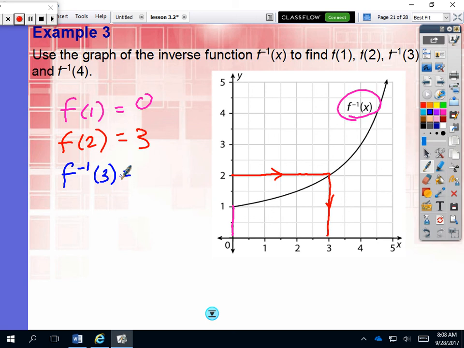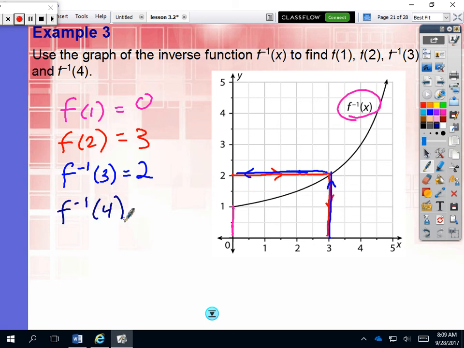F inverse of 3, now I'm going from x, because now this is the graph of the inverse, so x equals 3. So now I'm going up and over, and that equals 2. And the last one was f inverse of 4, sorry.